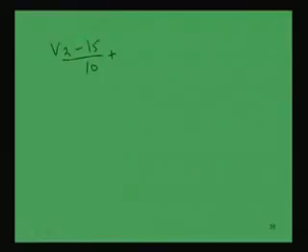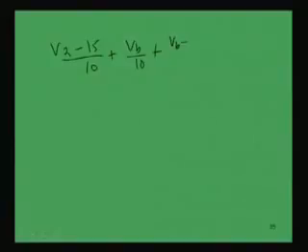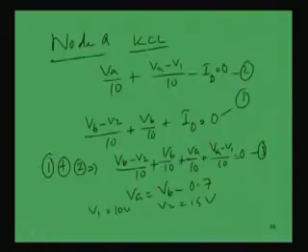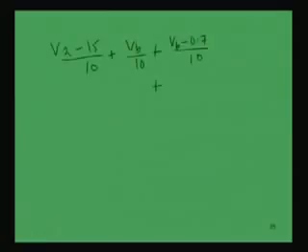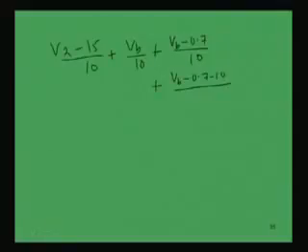Keeping VB as VB, I substitute VA as VB minus 0.7, because I want to keep only one unknown, plus VB minus 0.7 minus 10, V1 is 10, divided by 10, equal to 0.